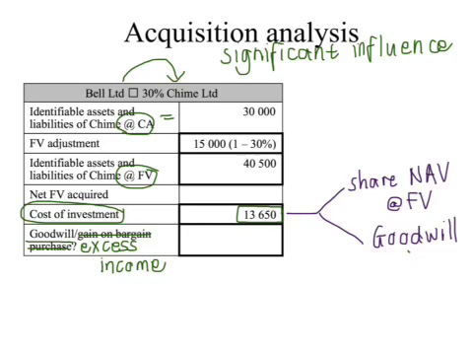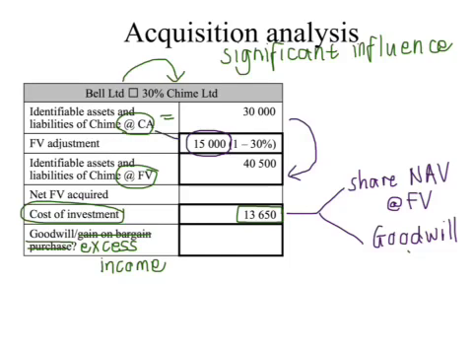In order to be able to identify whether we have acquired any goodwill, we have to, first of all, adjust the assets that we've acquired at carrying amount to fair value. And the way that we do it is to make a fair value adjustment for all the assets and liabilities that we can identify and which have not been valued in the accounting records at fair value.